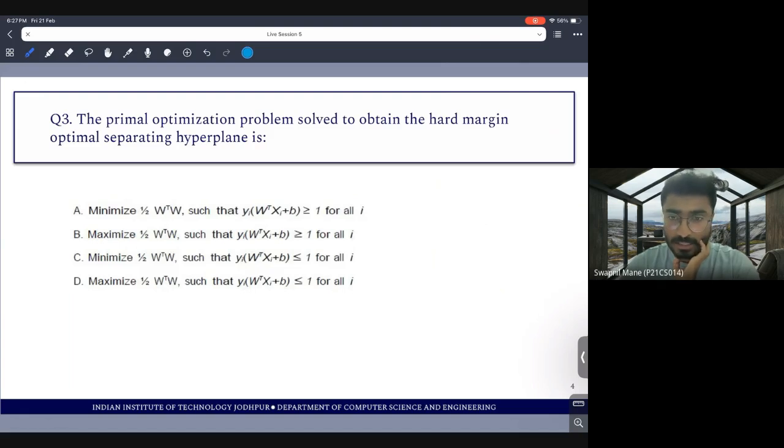Also, in our recent discussion, we have seen what we have to maximize. But here, the equation has been written for the minimization. Right? But we have to maximize the distance between the hyperplane and the closest point, which is the margin. So here, it is written in the inverse form actually. So you can see which option could be the correct here.